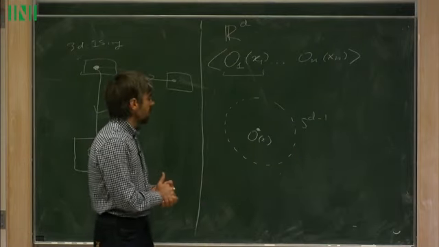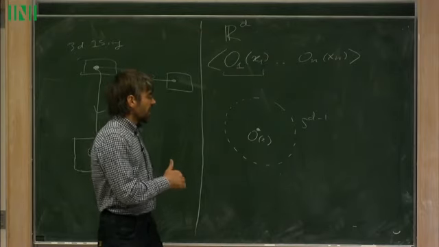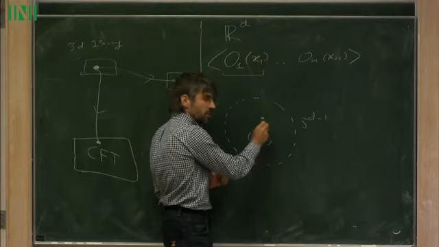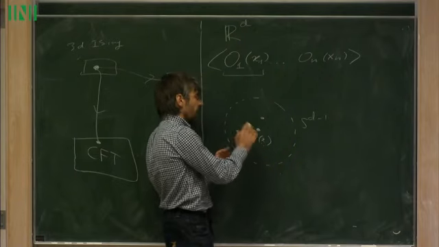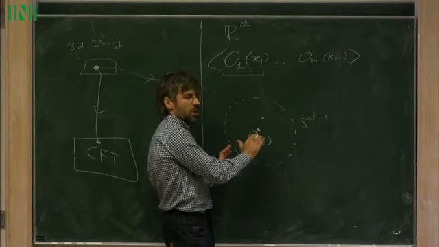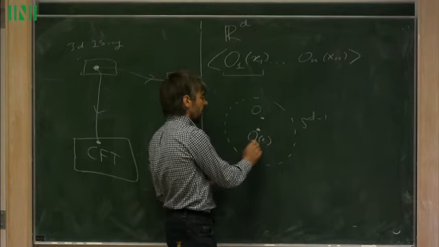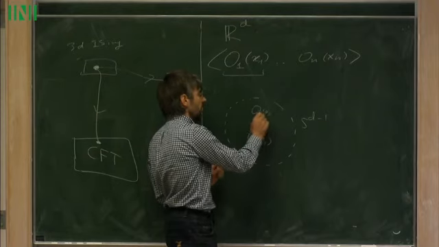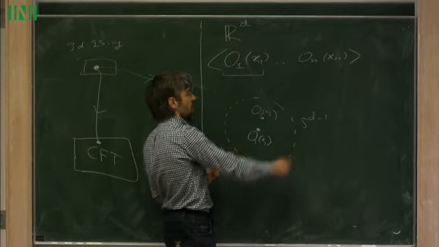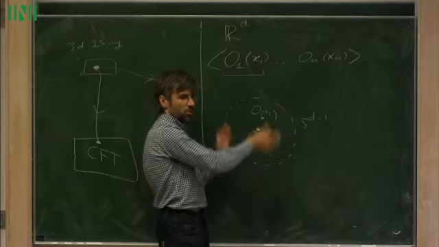But now if I start inserting more operators inside this sphere, the language that we use, when you insert more operators, O1 at x1, O2 at x2, is that we just change the state that these operators produce on the sphere.